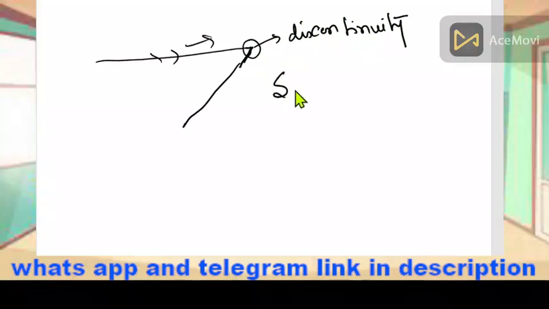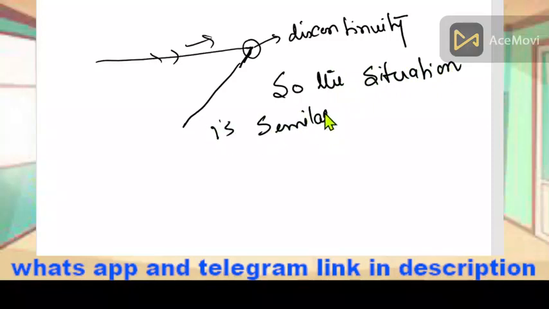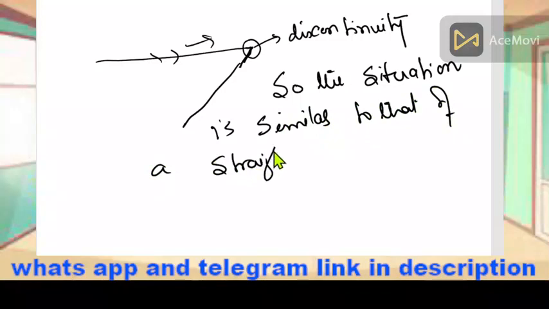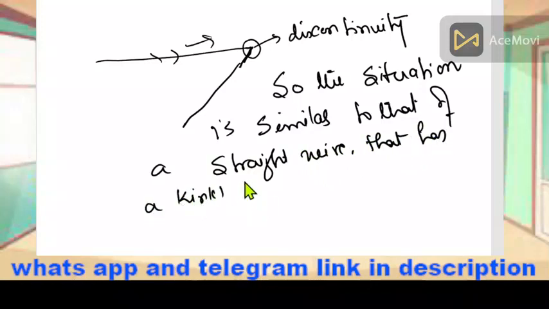This is the physical meaning, discontinuity. So the situation is similar to that of a straight wire that has a kink or turn at one point.